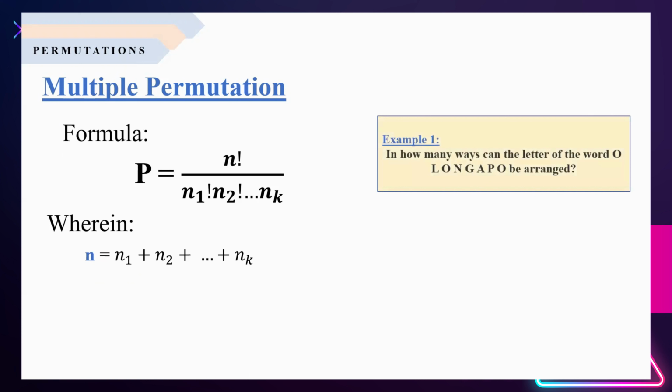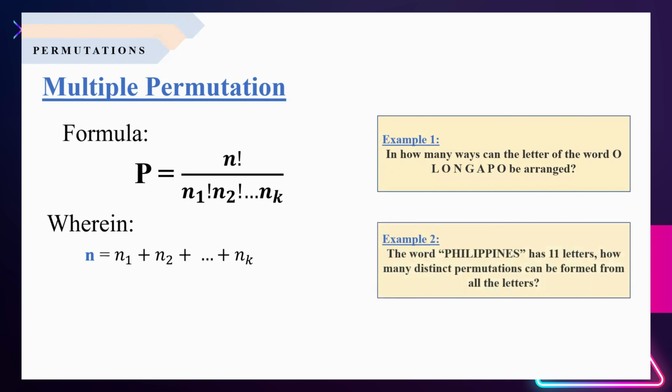Example number 1. In how many ways can the letters of the word Olongapo be arranged? So that kind of example is a multiple permutation kasi lahat ng letters natin ay i-arrange natin at merong mga magkakaparehas na letters dyan. Second example, the word Philippines has 11 letters.